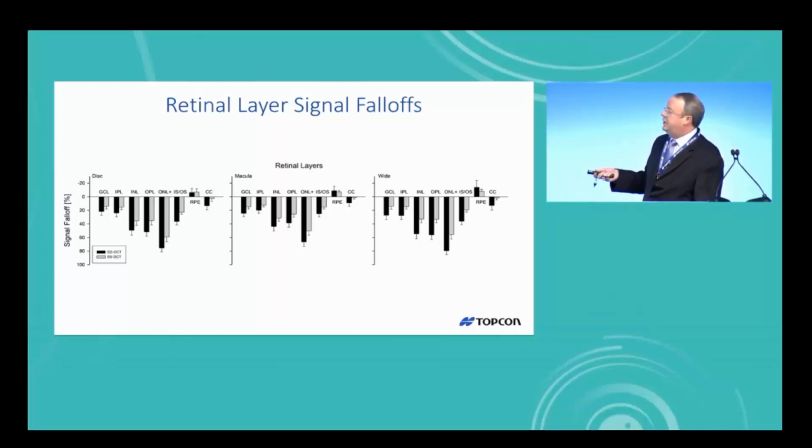And again, we see that the swept source performs uniformly stronger, or has better signal strength, throughout all the measurements, with only one exception, and that's for the RPE for the macular and wide scans. And this presumably may be associated with the increased absorption from melanin for 800 nanometer light as opposed to 1 micron light.